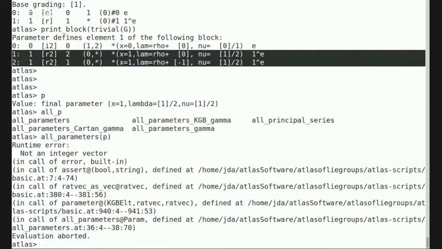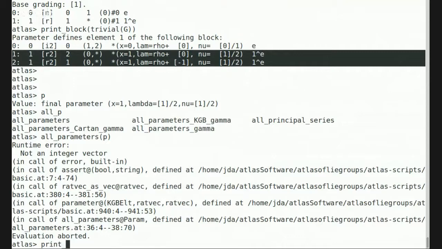Oops, not an integer vector, isn't that interesting? Not sure what that's about. It's complaining something about rho not being an integer. Came back to bite me there, I think. In any event, this isn't so important.